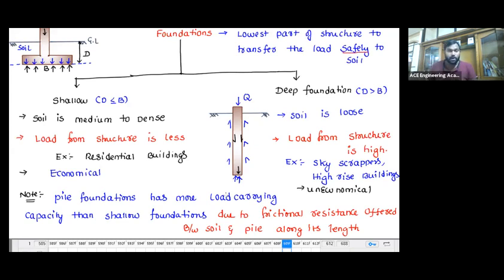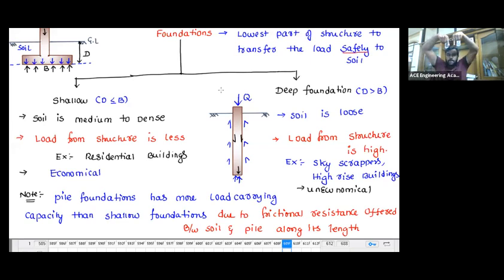Why? Because when you apply load, listen to me carefully. This is a pile, right? When I apply load, the pile will push vertically downward. Yes or no? While it is pushing downward, between pile and soil, the shear or friction will develop.